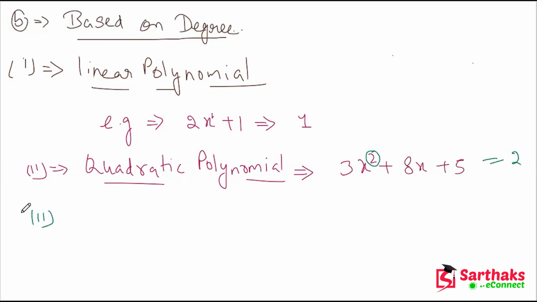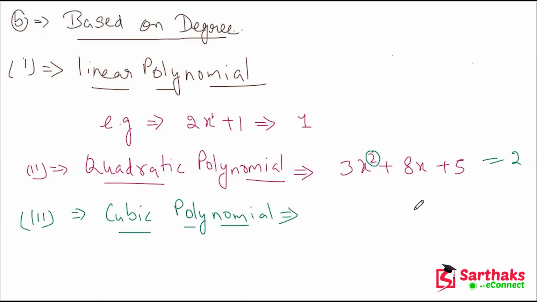Now the third one is cubic polynomial. What is a cubic polynomial? When the degree of the polynomial is 3, it is called a cubic polynomial.